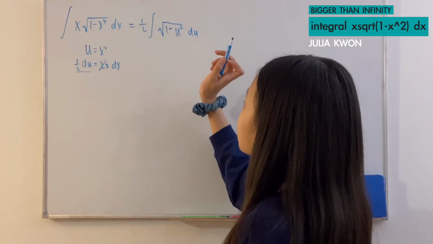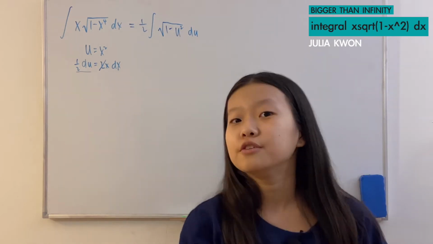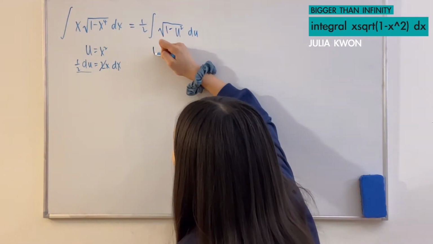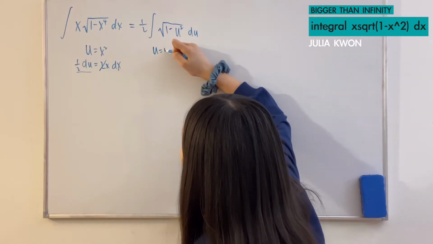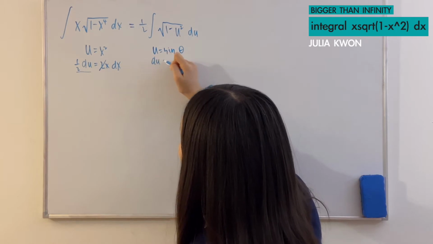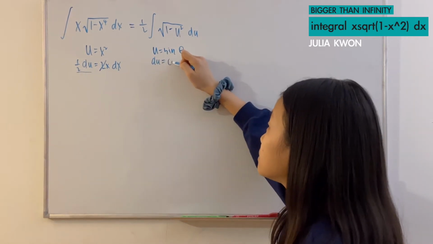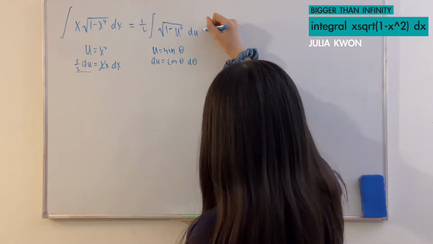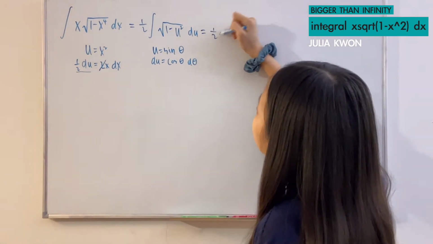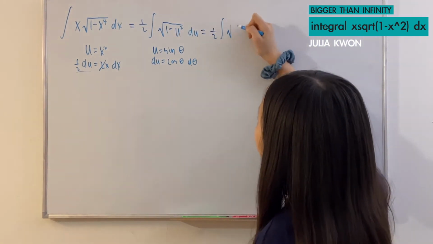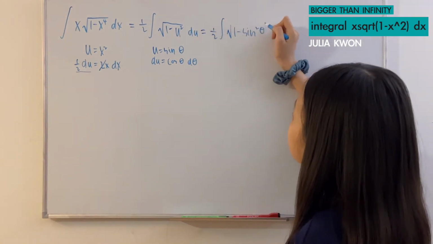And to integrate this, we're going to have to use trigonometric substitution. If we set u equal to sine theta, that would give us du as cosine theta times d theta. Replace the u with sine theta, and you'll get this.